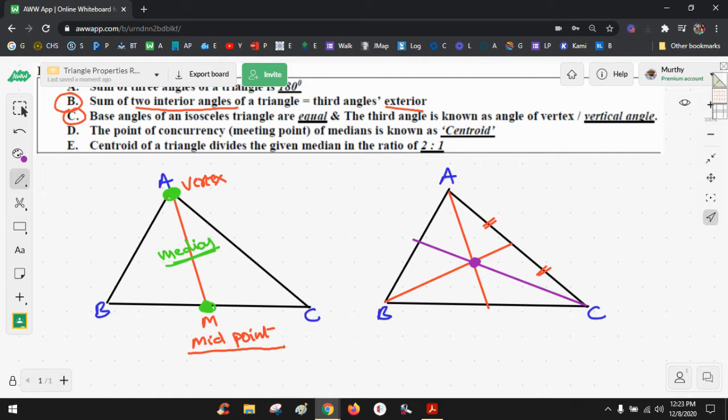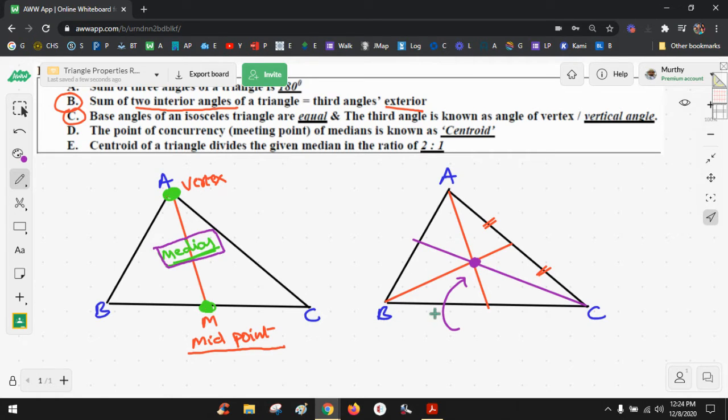If two straight lines are intersecting, the point where these two straight lines cross each other, we call it an intersecting point. But when more than two lines are passing through the same point, we call it a concurrent point. So here, the point of concurrency of all the three medians, already I showed what a median is.